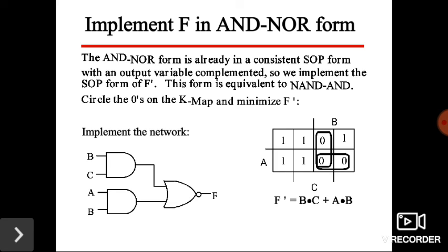That means we need to circle the zeros in the K-map and minimize f dash. We will get f dash equal to b dot c plus a dot b. On the right side we are noting that zeros are grouped and we get the answer b dot c plus a dot b. The implemented levels of gates are shown on the left side.